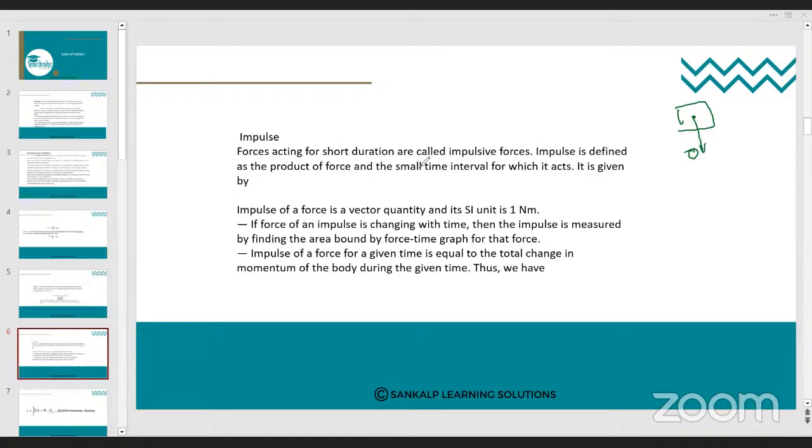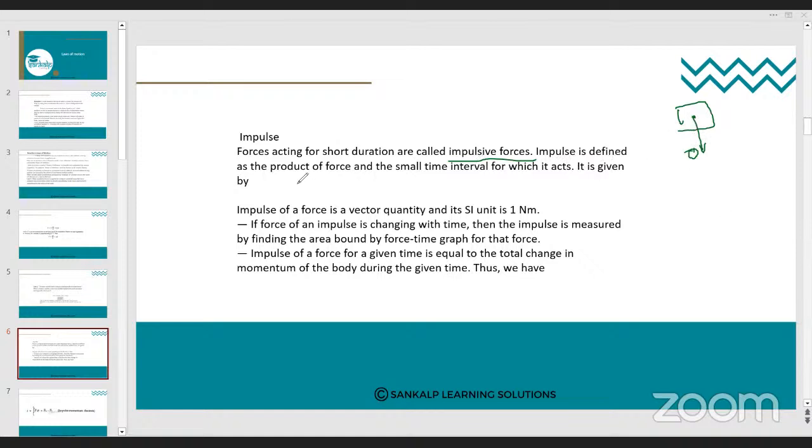So here you can see forces acting for a short duration are called impulsive forces. You apply so much force to throw the ball, but the ball does not stay attached to the wall for that long. Within a fraction of time it will either come back or fall down.